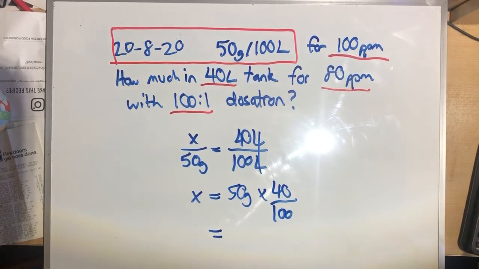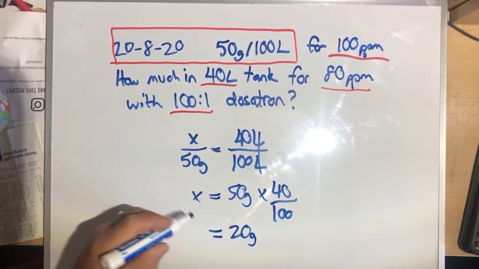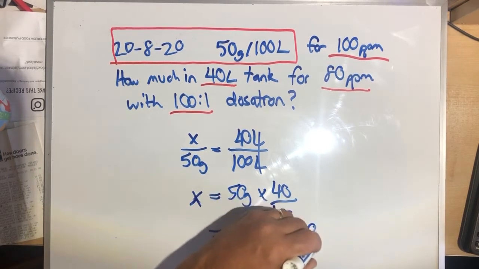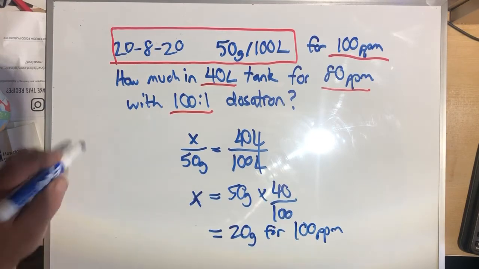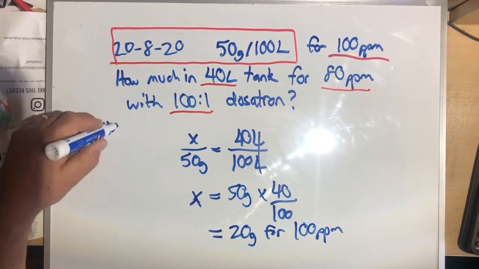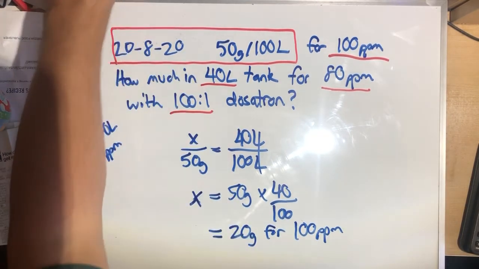So 50 times 40 divided by 100 is 20 grams. That's how many grams you need for 100 ppm. So let's make a note of that: 20 grams in 40 liters for 100 ppm. And then I'll erase this.